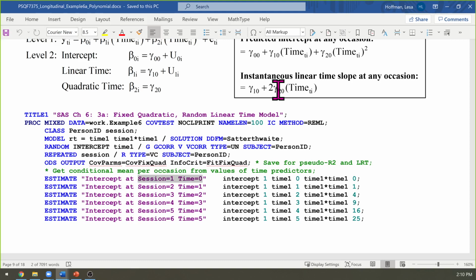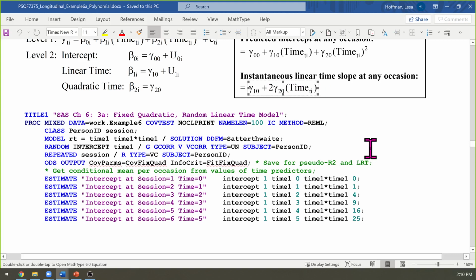Actually, I have. But so if we start with a slope at the first occasion, the slope becomes flatter as time goes on, as you sort of come down the U. And so what this second little equation here is asking for is what the model says the slope is at each subsequent occasion. And the trick to getting this right is the 2.